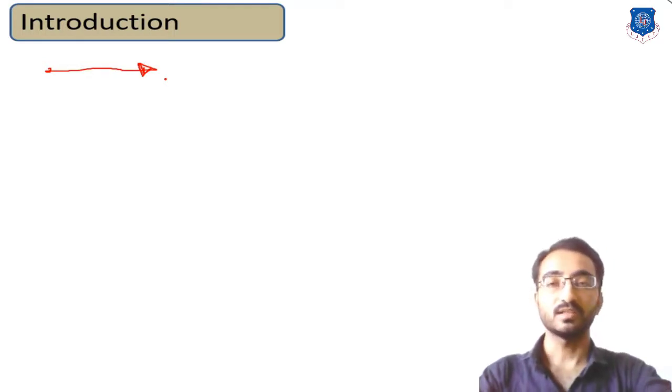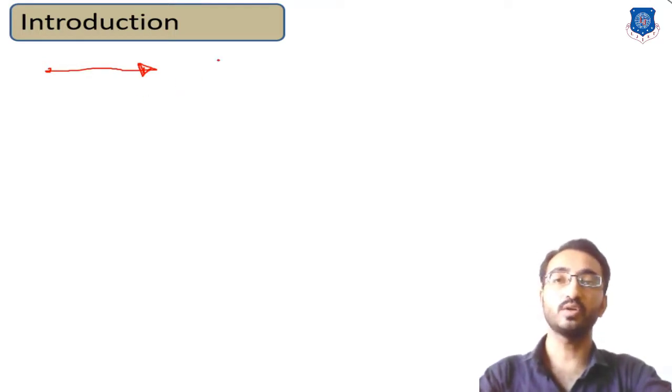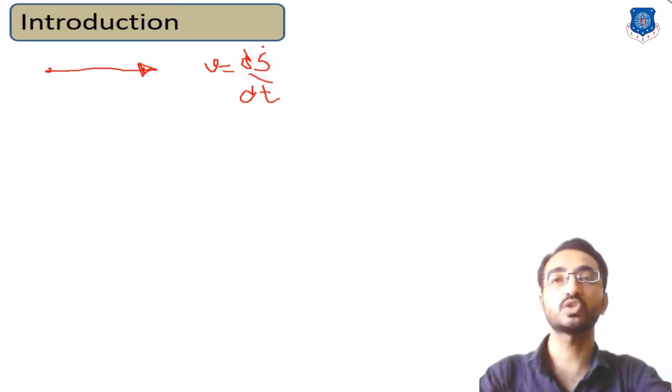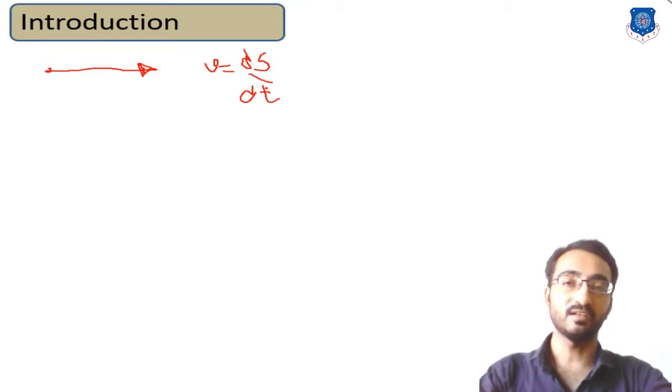To calculate it, we have a simple equation: the linear velocity v is equal to the change in distance, or displacement, per unit time. This is the basic equation used to calculate linear velocity.